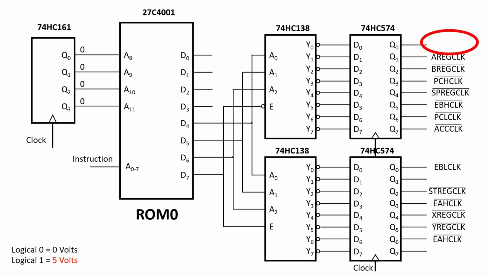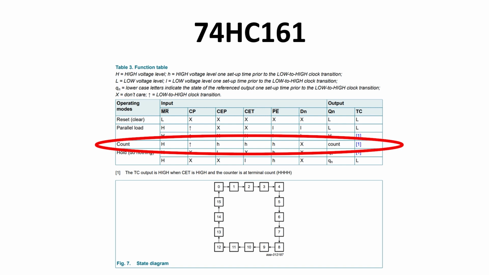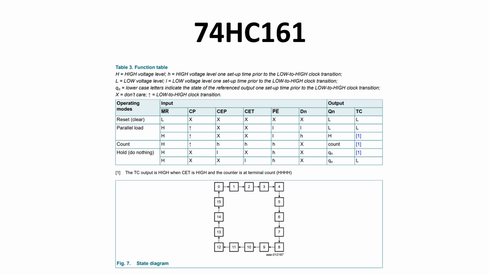Output 0 will be chosen by default. This means that the PCL-CLK and PCH-CLK signals will both be high, or deasserted. This is exactly what we want in this case, and it'll cause the program counter to be incremented by 1. We'll see how parallel load works in a later video.